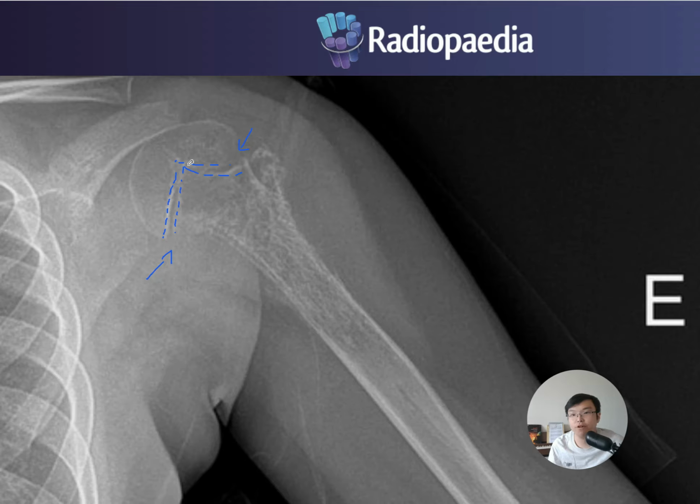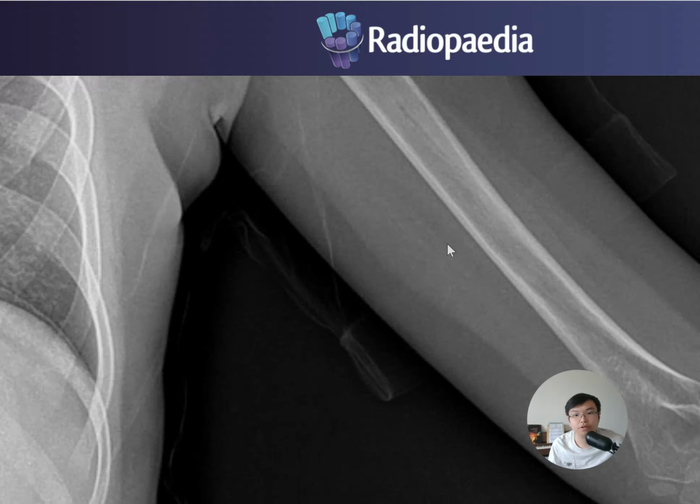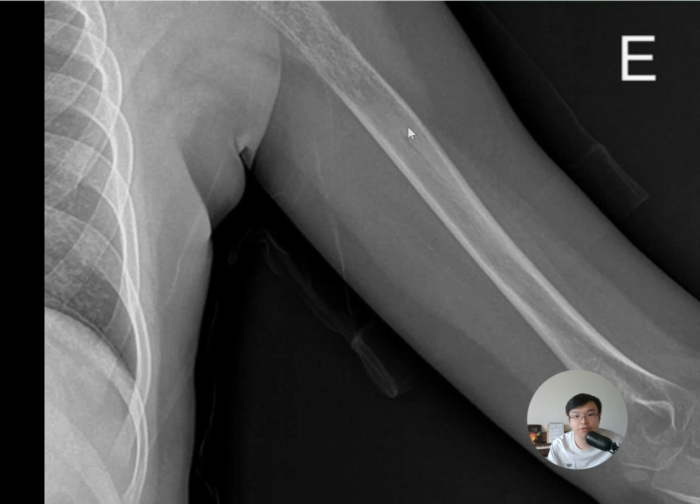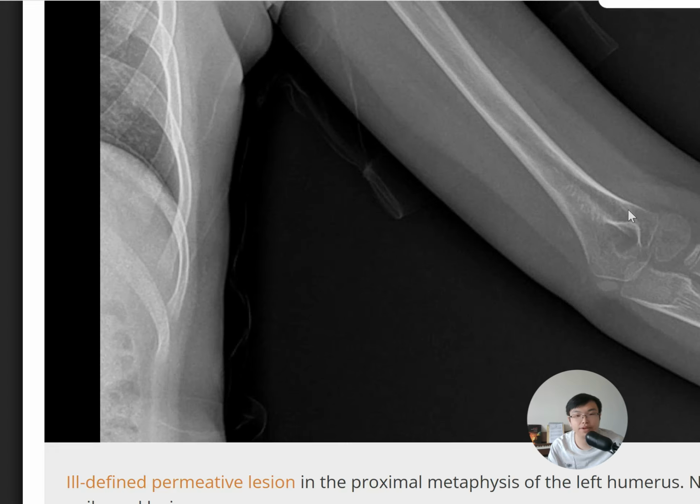We look for involvement of the physis, involvement of the epiphysis, as well as the joints, okay, which is another important clue for us. And also, we always mention that we need to assess one joint above and also below, okay, because this can involve other longitudinal length of the same bone, but obviously the elbow joint appears unremarkable.